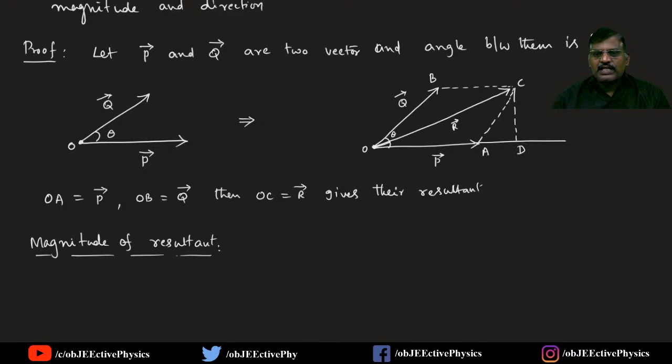Let us take D as the point where this perpendicular intersects the extended line OA. So it is a 90 degree perpendicular. Here theta at A, that is in the parallelogram.